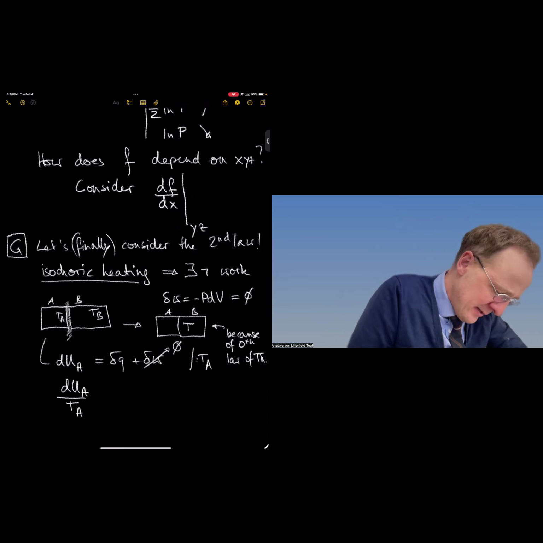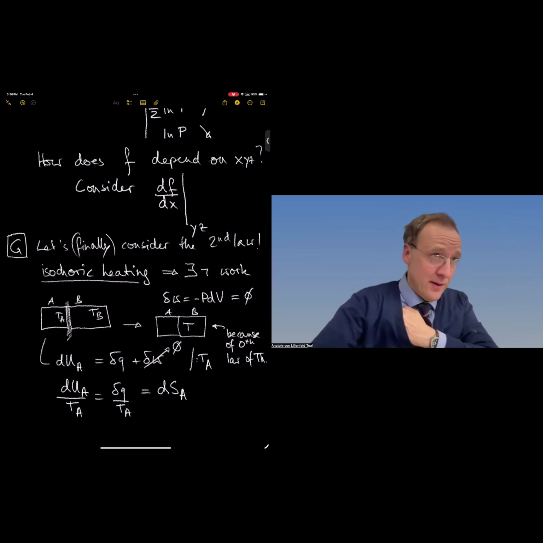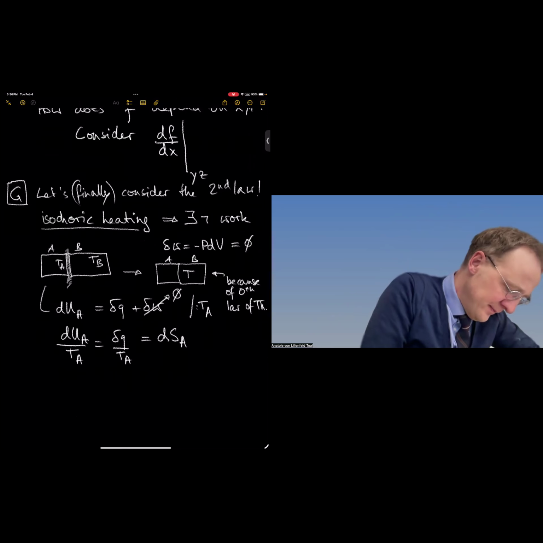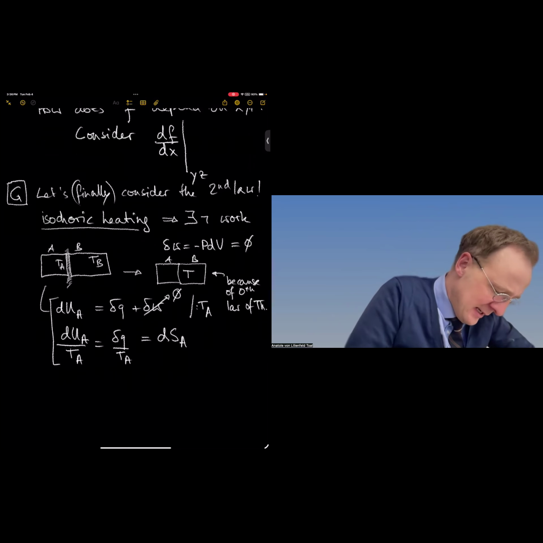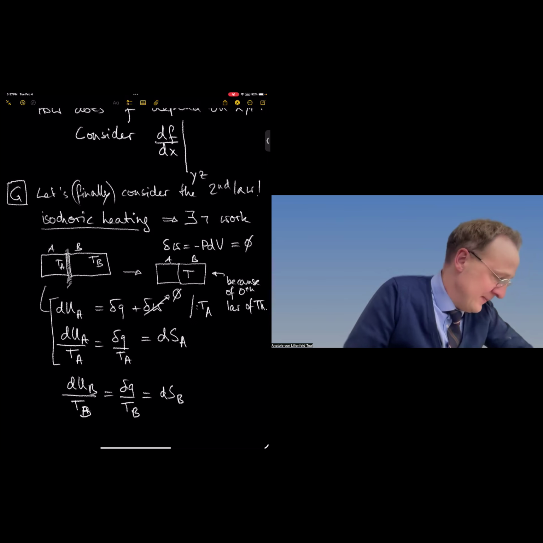And if I do this, you see that I just obtained my entropy change of the container A, right? Similarly, we have for dUB divided by TB, dQ over TB equals dSB.